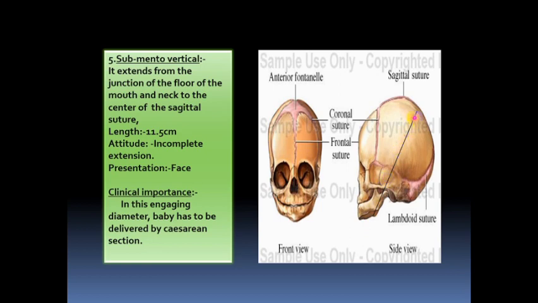This diameter is about 11.5 centimeters, and the presentation in this case is the face presentation. Usually the patient is better delivered by cesarean section because of the risk of prolongation of labor, evidence of fetal distress, and difficulties in labor.